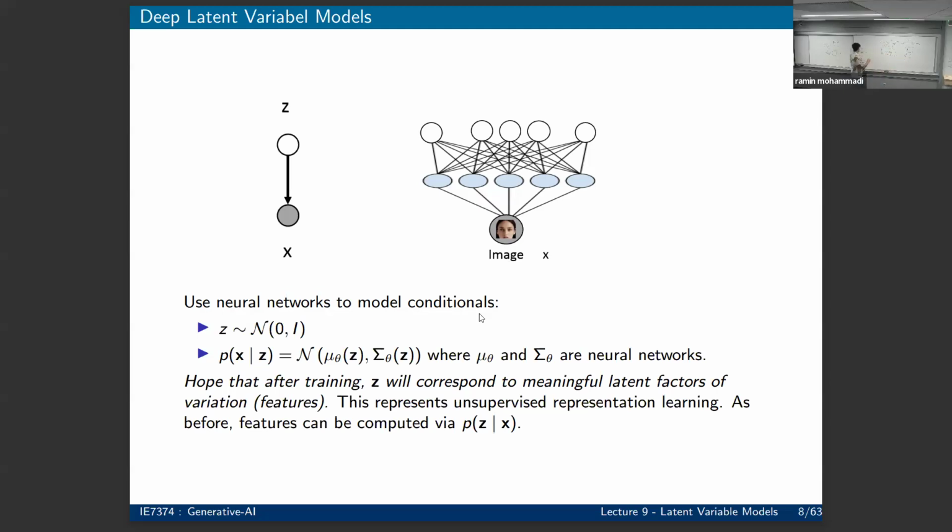Given Z, in order to answer this question, you need to pass Z to a model. That model gives you a mean and a covariance, and that becomes a multivariate Gaussian. In order to answer that, you need to sample from that multivariate Gaussian with the mean mu and the covariance.